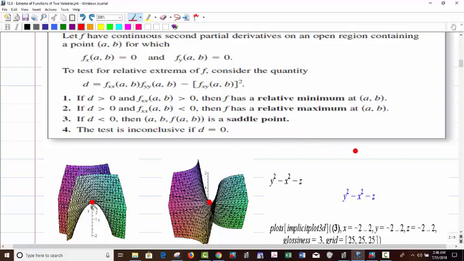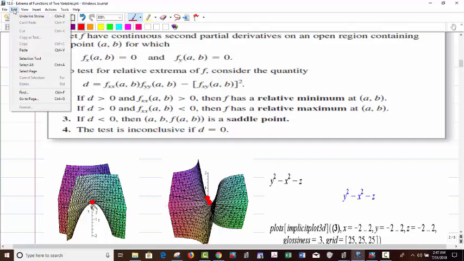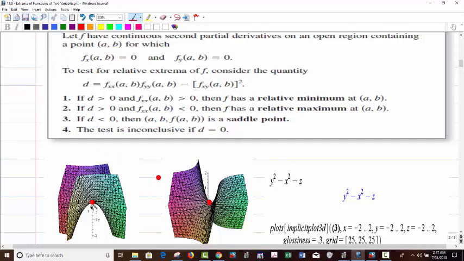Now, let's take a look at what a saddle point is. The name saddle comes from the position of the graph, so it looks like if you put a saddle on a horse, you're sort of sitting in a saddle. Once again, you don't have to graph it, but I'm trying to give you a feel for what it is. It's a point that, if you look at it in one direction, is a minimum.